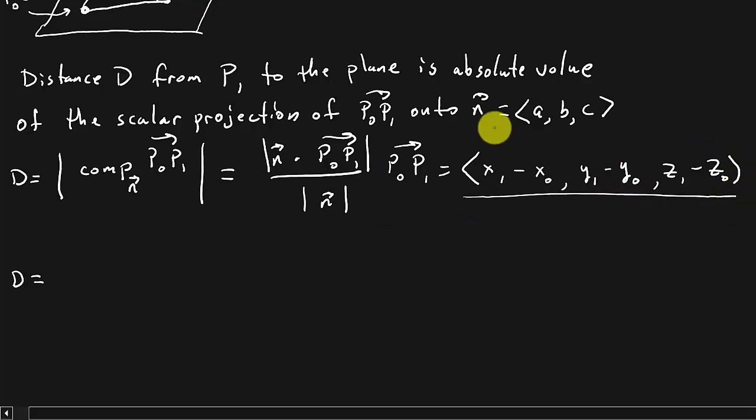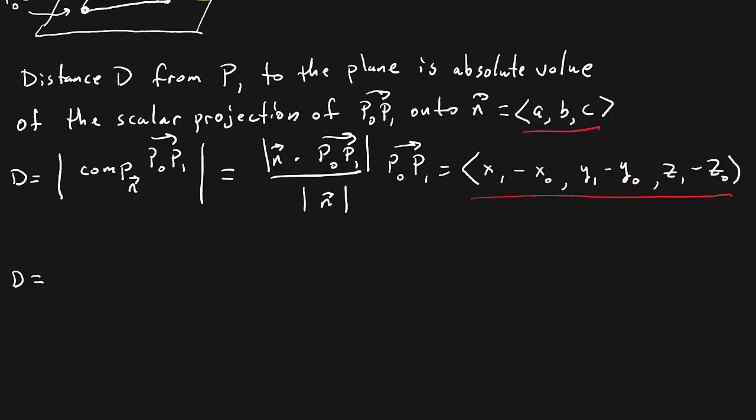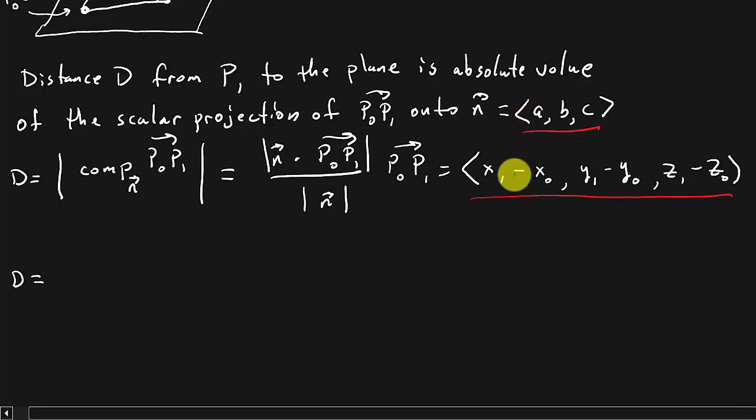We've got this vector and this vector, so it's the dot product of those two, right? The dot product is just this times this.